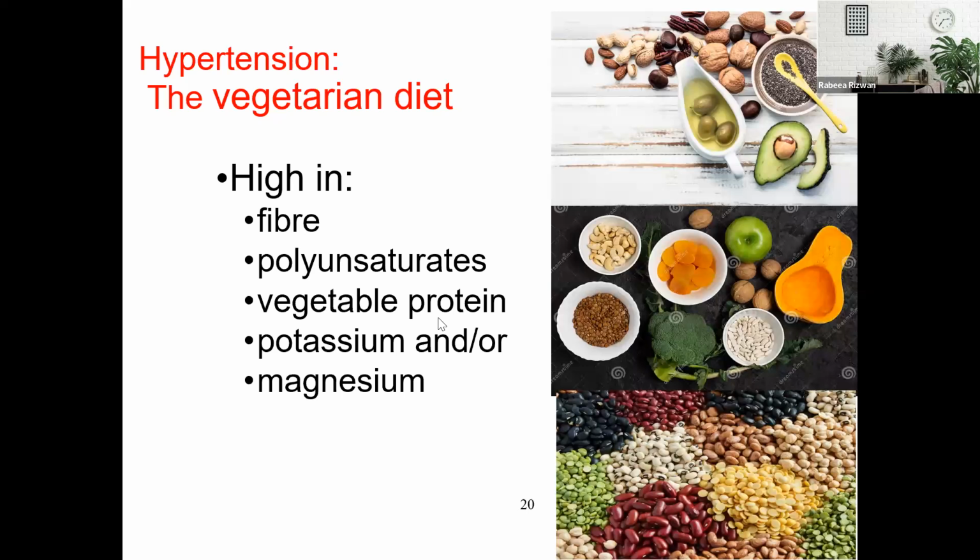Vegetable protein examples are legumes, lentils, some pulses, beans, especially red beans, and good sources of potassium and magnesium as well. Examples are broccoli, banana, cashews. So these are good examples and sources of a vegetarian diet by which hypertension can be managed, controlled and prevented.